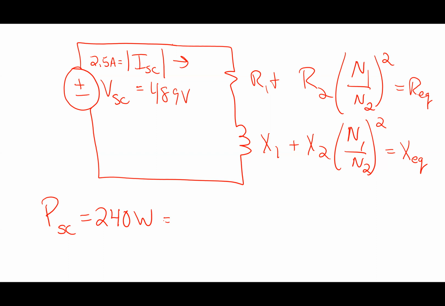But I know the magnitude of the current through it. So I know that it's I short circuit magnitude squared times R equivalent. So I can solve that to get that.